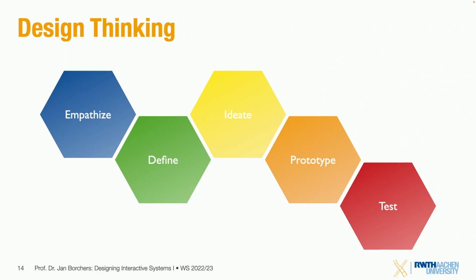And then that testing is to find out which parts of my idea worked and which parts didn't work, right? And then you go back, and sometimes you have to just go back and change your prototype. Sometimes you have to go back to the ideation phase, pick a different idea, or maybe re-explore your space more closely. And sometimes you have to go back and really say, okay, I don't think I understand completely what users are actually doing, what they really need. So there is backtracking between these stages in design thinking.